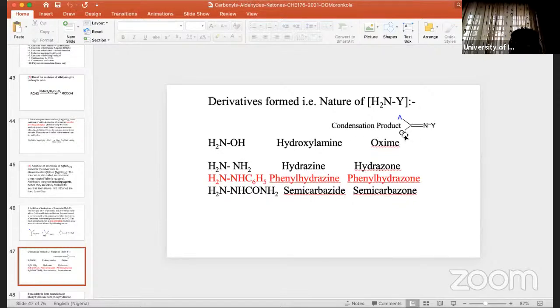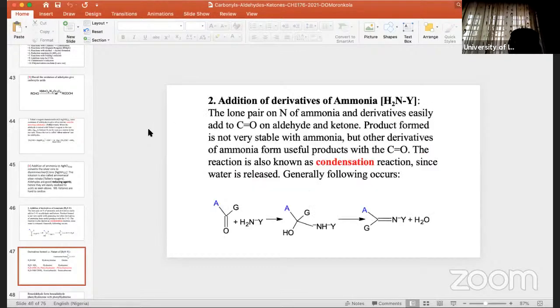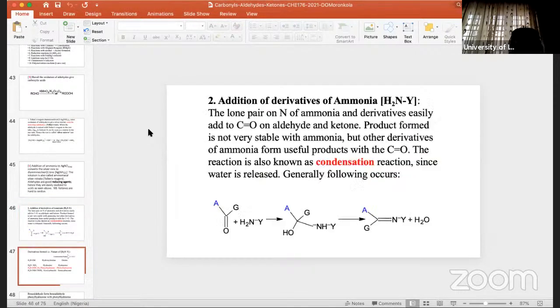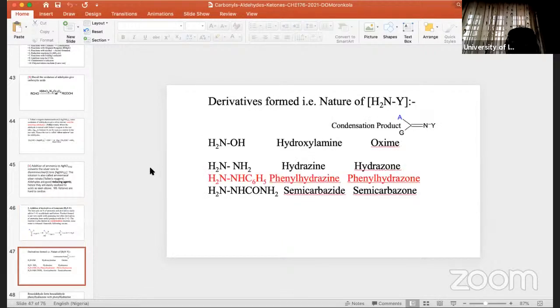After this reaction with the appropriate carbonyl, which could be an aldehyde or ketone, you now have the final product being an oxime. It's quite common in textbooks, you can refer to this.